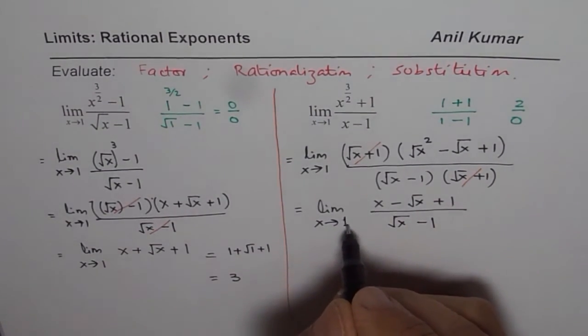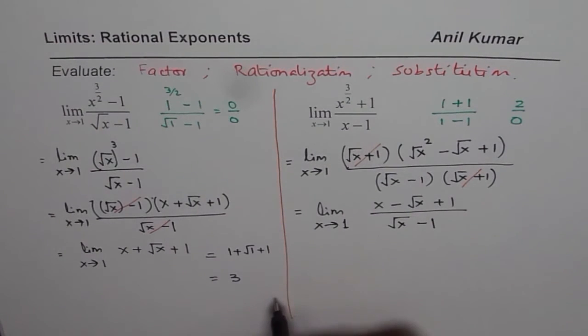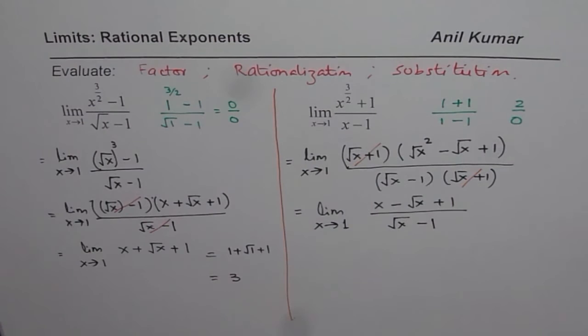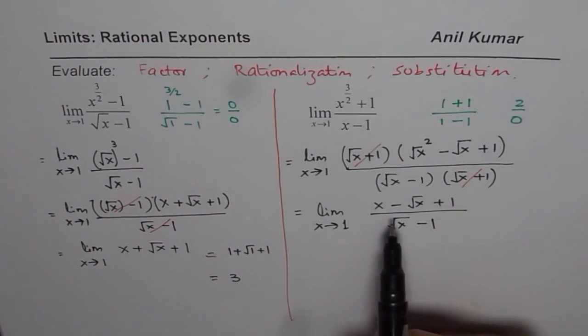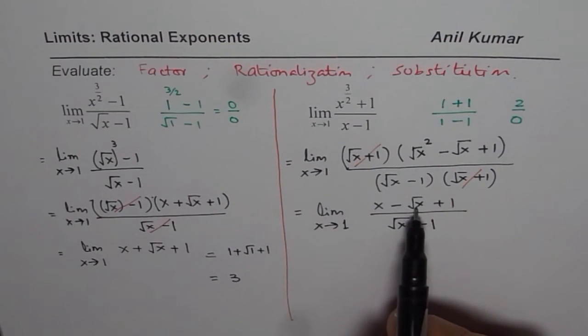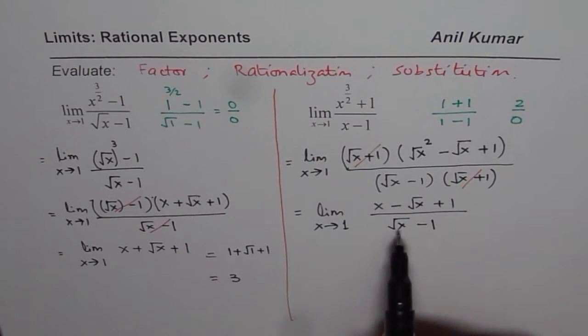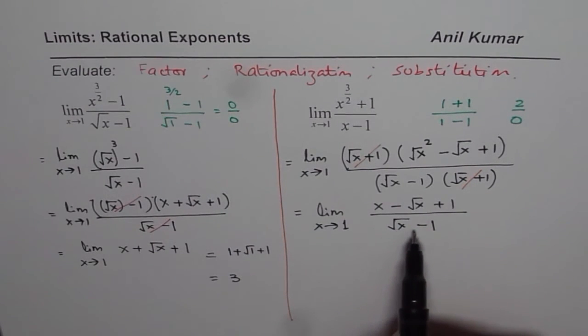Now it is approaching 1. Now when you want to substitute 1, what do you get? In this case, what you get is 1 minus 1 is 0, and you get 1 over 1 minus 1, which is again 0.